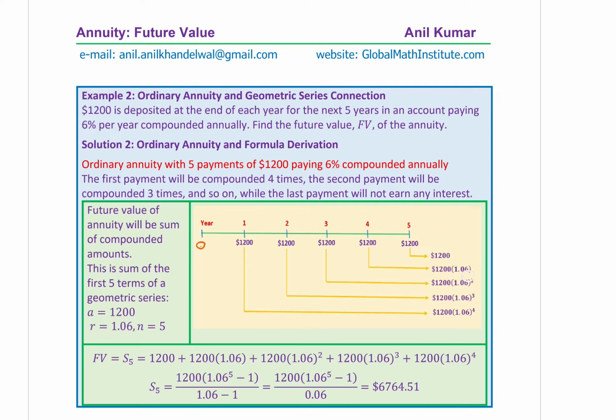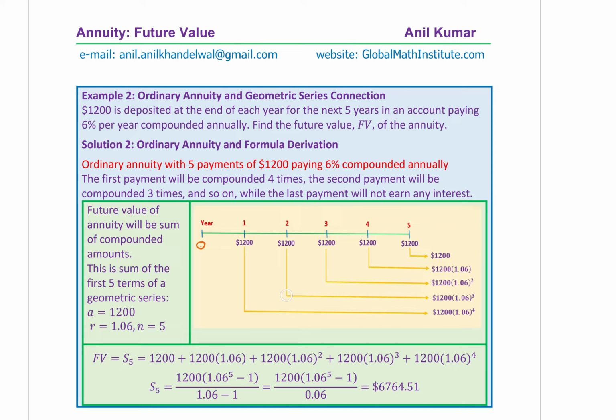1,200 times 1.06. And 2 years back, the money deposited earns interest compounded for two terms, right? So it'll be 1200 times 1.06 to the power of 2, which is squared.